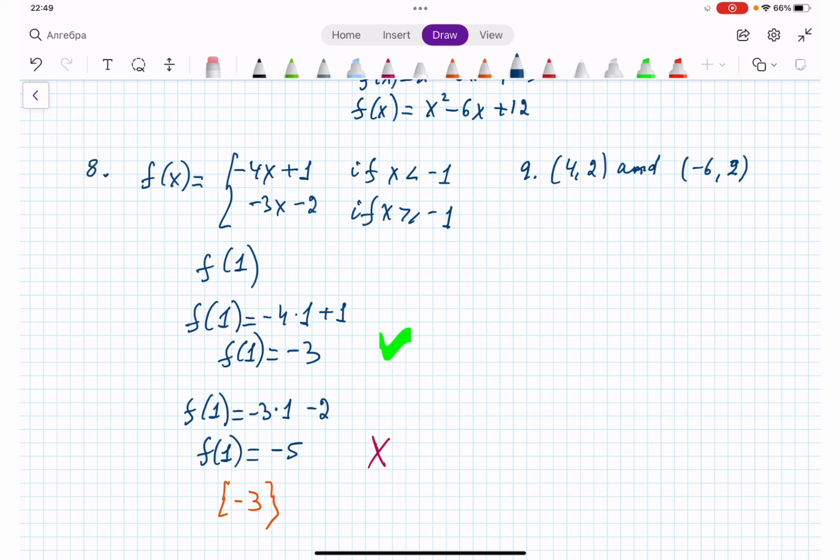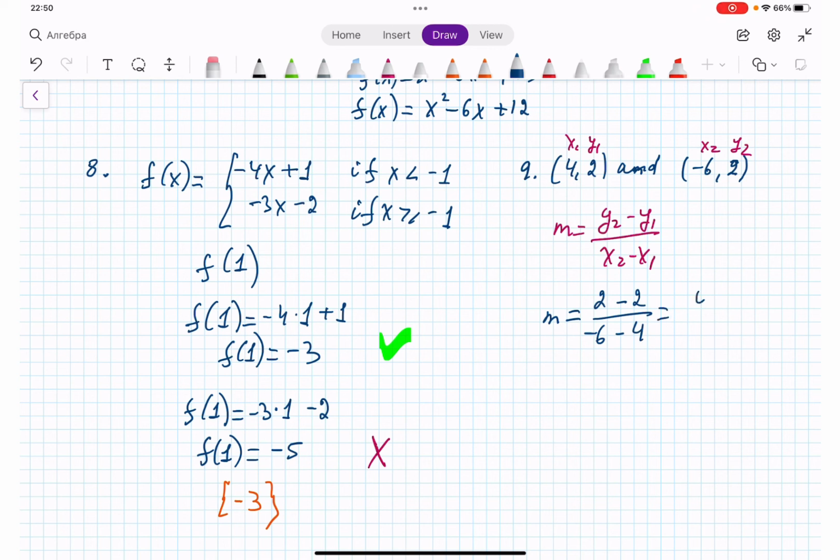So our formula for m is equal to y2 minus y1 over x2 minus x1. Let's assume this is x1, y1, x2, y2. So our m is equal to y2, which is 2, minus y1, which is also 2, and in the denominator x2 is negative 6 and x1 is 4.